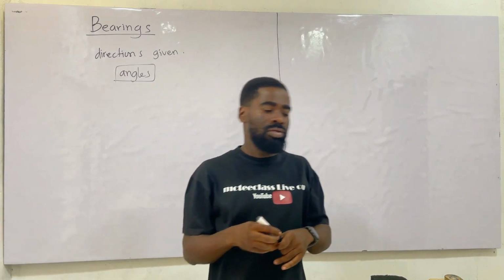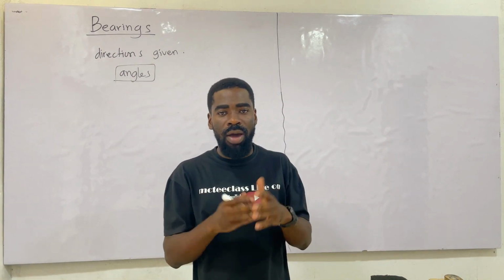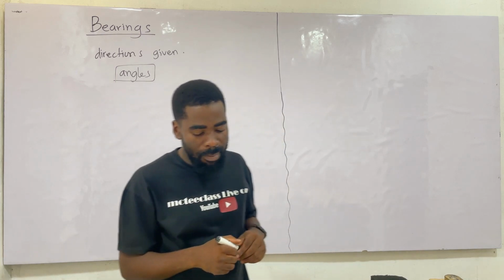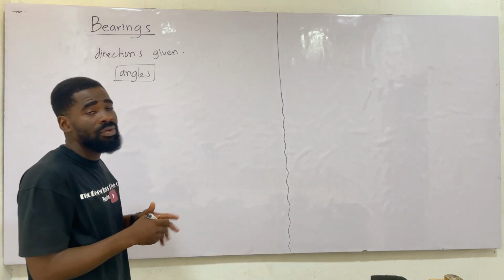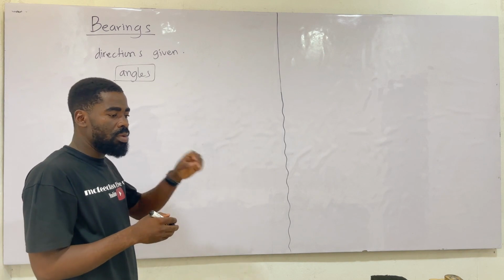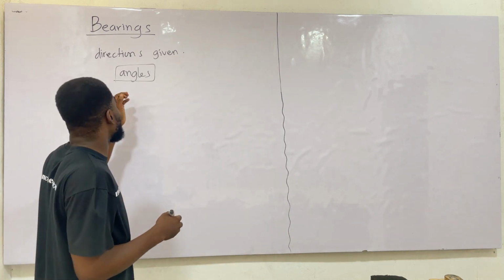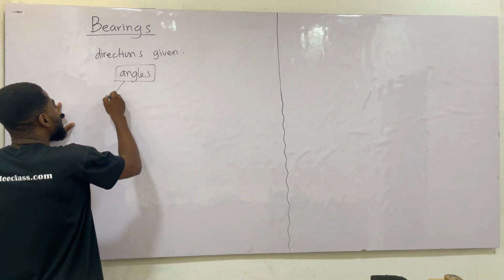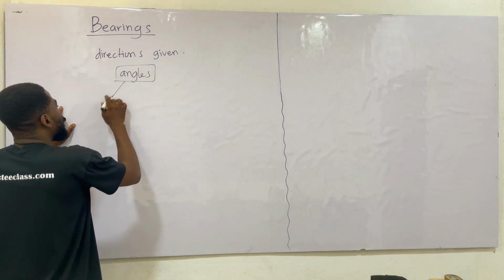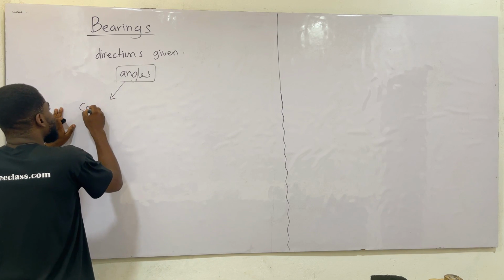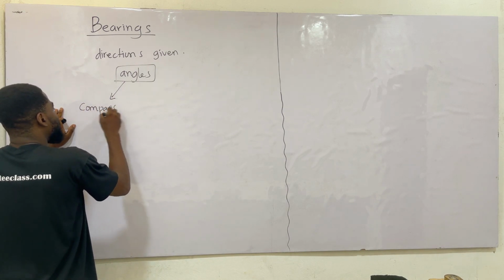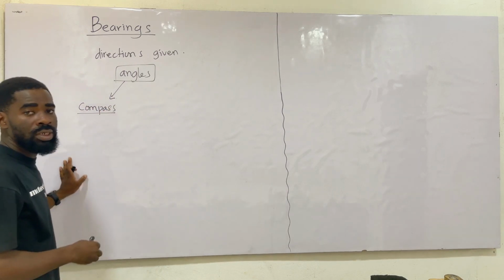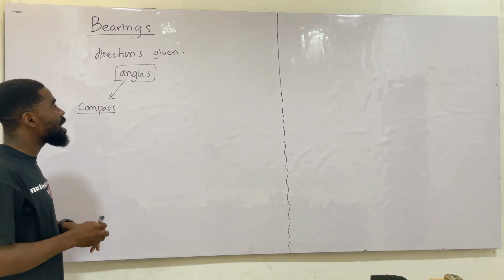So I tell you, 40 degrees to the north, this to the north, south, all those things are angles. And these angles are measured using the compass or the three-figure bearings. So in giving direction with angles, we can do that in two ways. Either we use what we call the compass, and this was what in the old days they used for their directions.